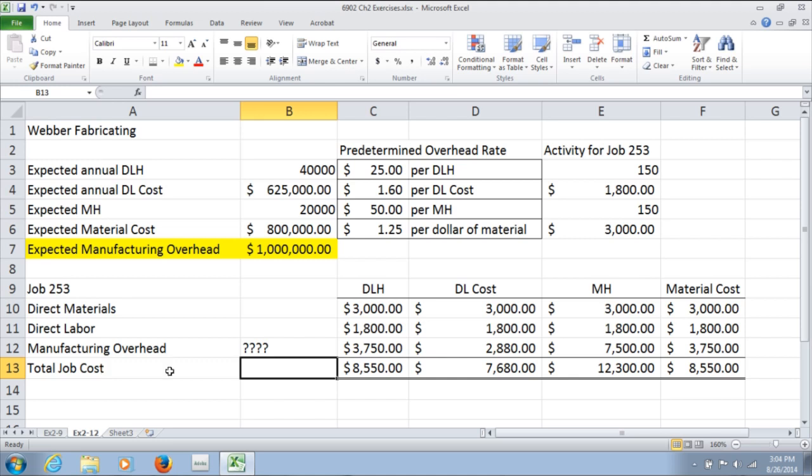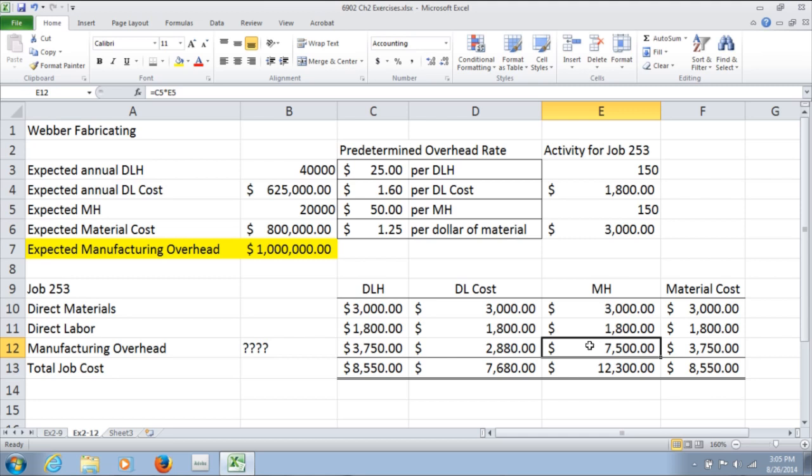So if we are using machine hours, and this particular job uses proportionally more machine hours, then we're going to have more cost being charged to this particular job. Maybe that's true. But we won't know that until after the fact.